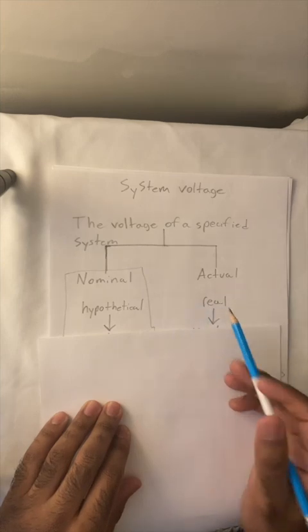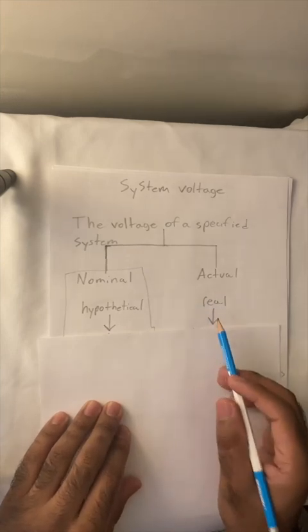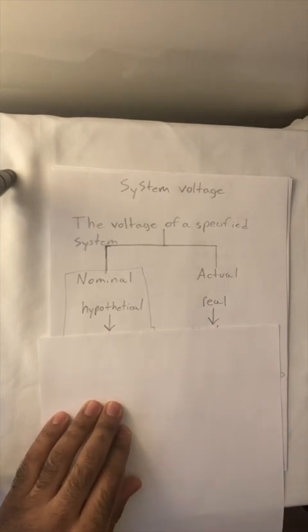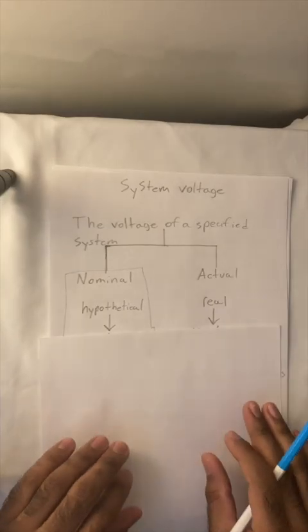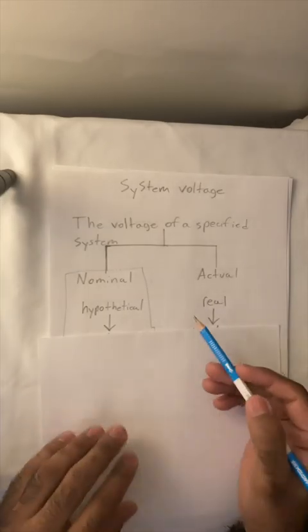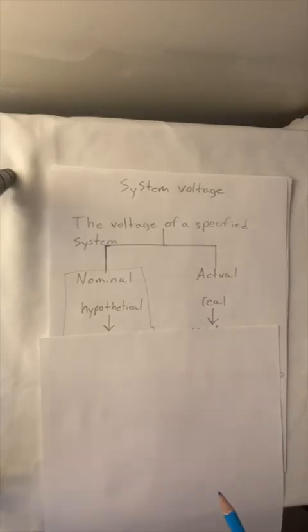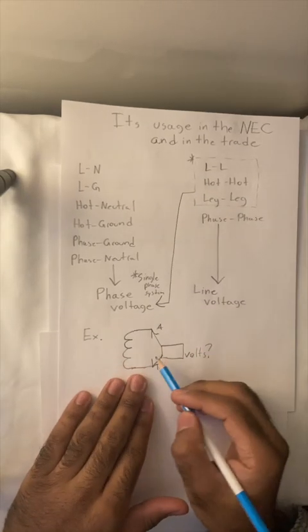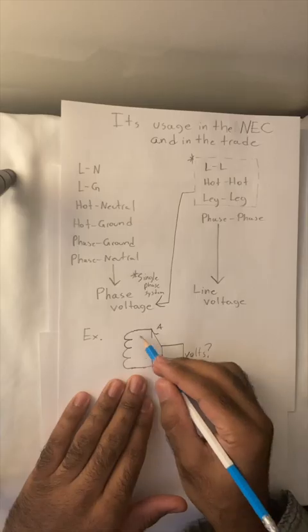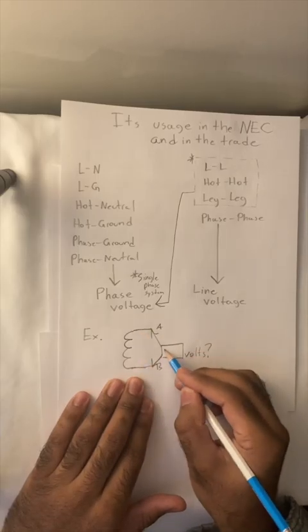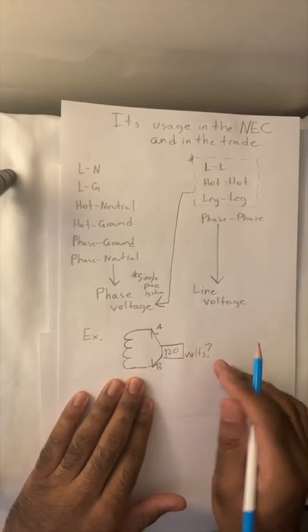The actual voltage is the real voltage. So for example, in our example that we gave previously, supposing that we read the voltage between these lines here, and it was 120 volts.